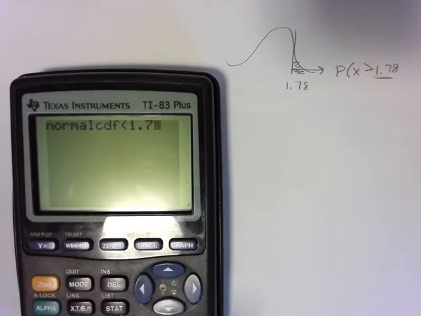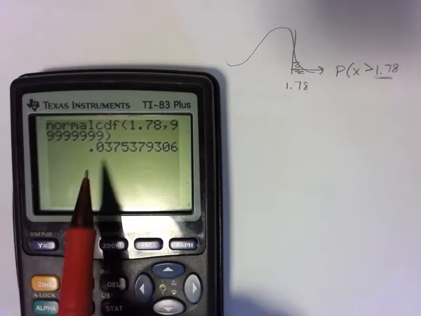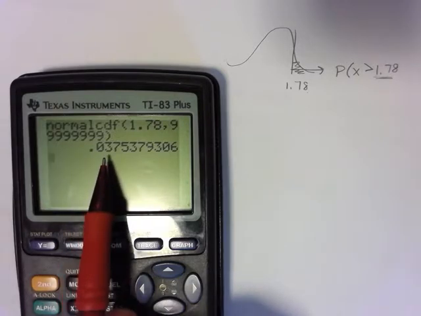My upper bound will be positive infinity, and I represent that with just a bunch of 9s. And my area then is 0.0375.